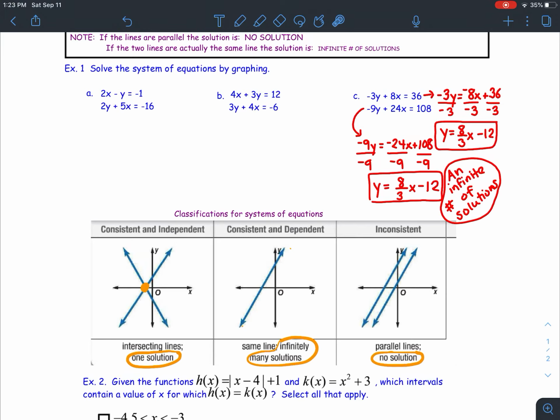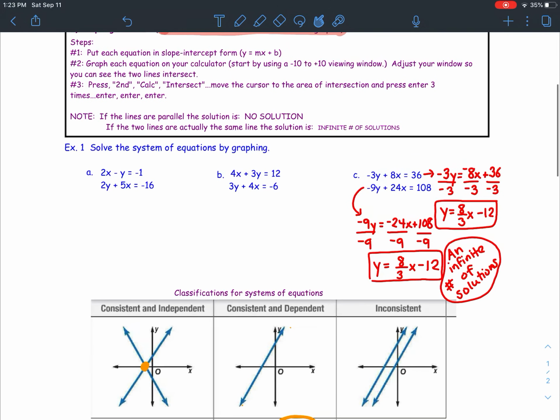And you can see in this example up here that I did for you, the first step has to be to put the equation in slope-intercept form. You can see I solved the top equation for y, I solved the bottom equation for y. If I were to type these into y1 and y2, you can tell that I'm typing the exact same equation in.